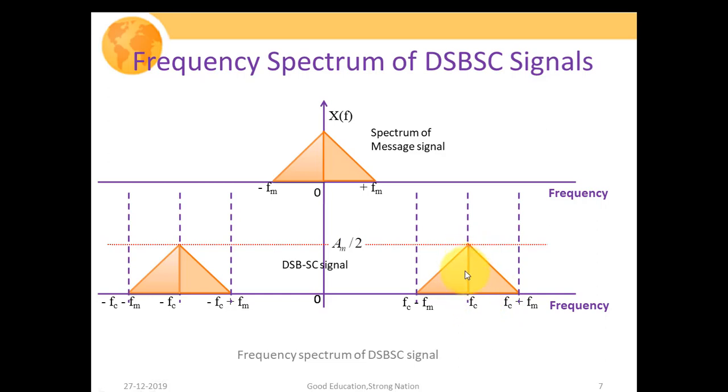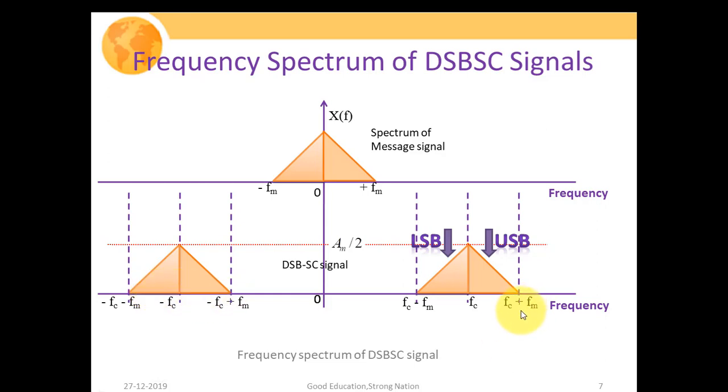We have this upper sideband which lies in the range of fc to fc plus fm, and this lower sideband which lies in the range of fc to fc minus fm. These two other bands are the negative frequency counterparts of our upper sideband and lower sideband.